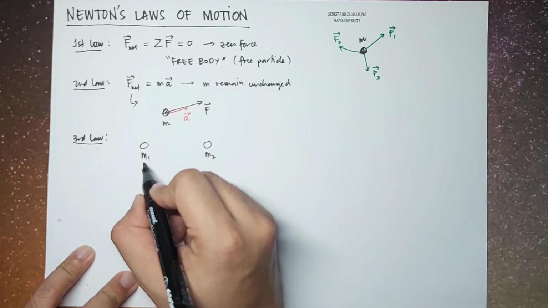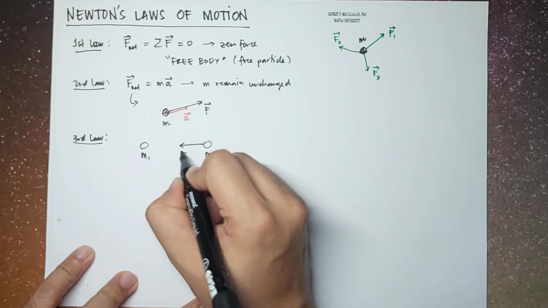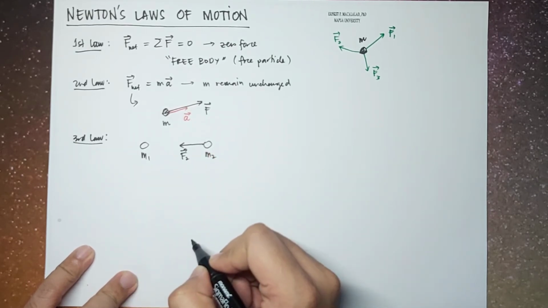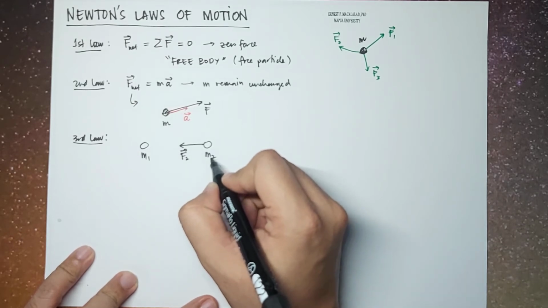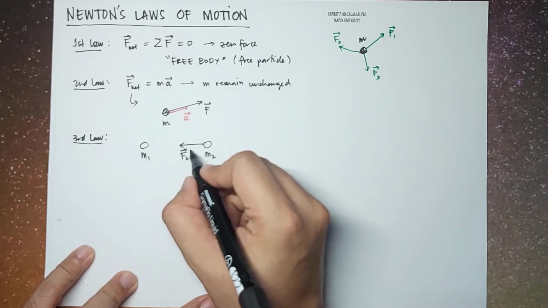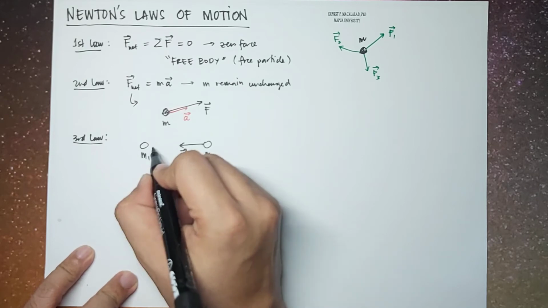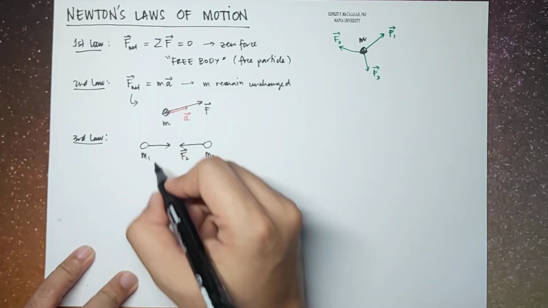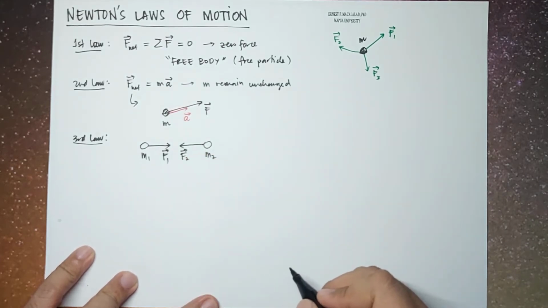Let's say M1 pulls M2 with a force F2. This particle will exert an equal force in terms of magnitude, but the direction of that force would be opposite the force that acts on it. In our illustration here, that would be in this direction. So this is the force exerted by 2 on 1.